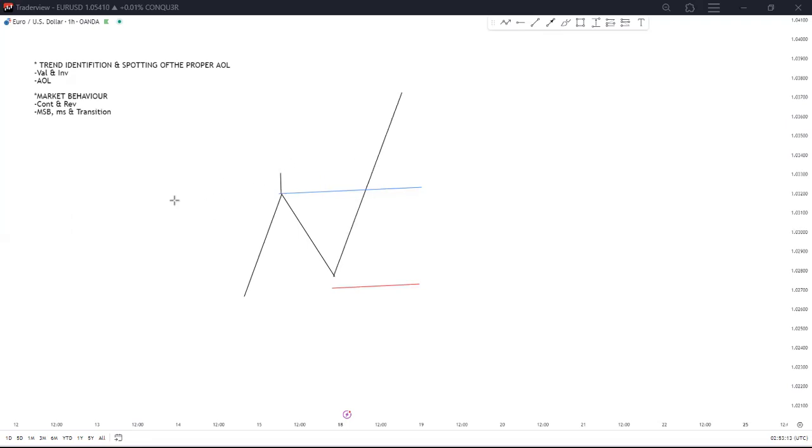So this weak high, we consider it as the market structure break. And we'll talk about why we consider it as the market structure break, and what is the importance of it, all right?